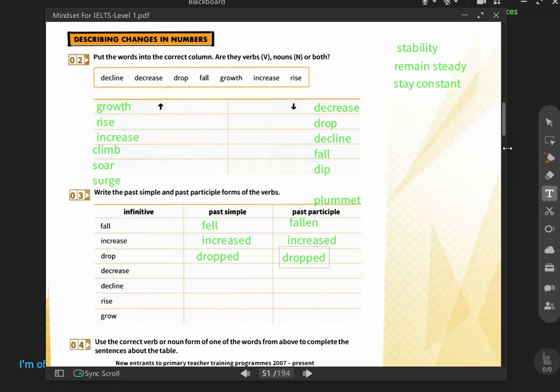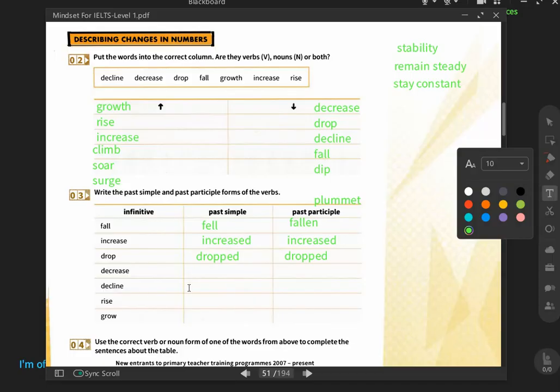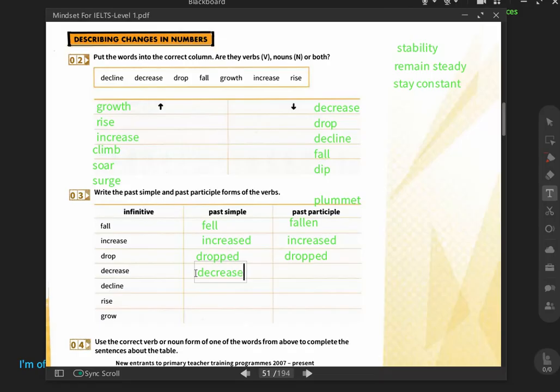Okay. Decline. Oh, decrease. I'm sorry. Decrease, decreased. And decline, declined.